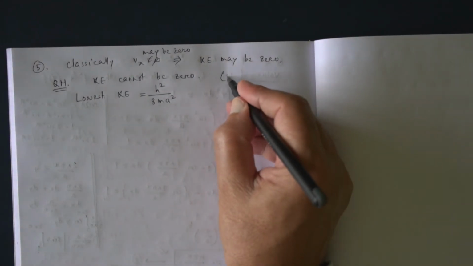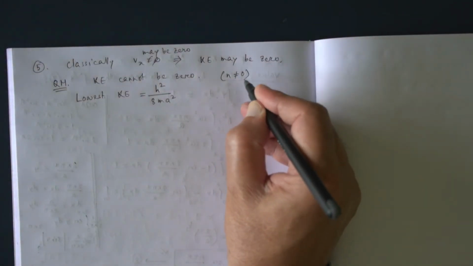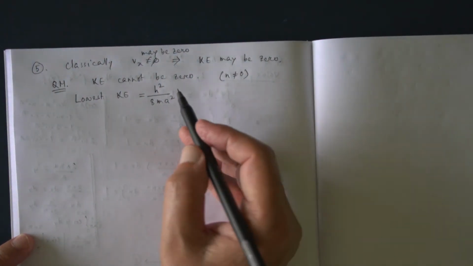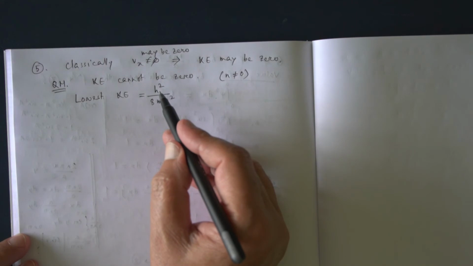So kinetic energy cannot be 0, since n cannot be 0. Okay, lowest value is this. So lowest kinetic energy is this.